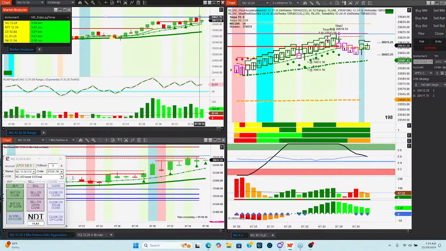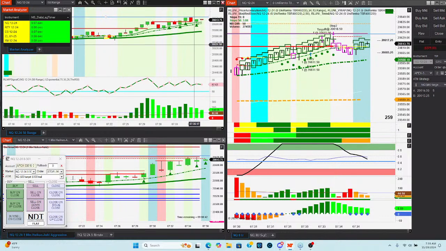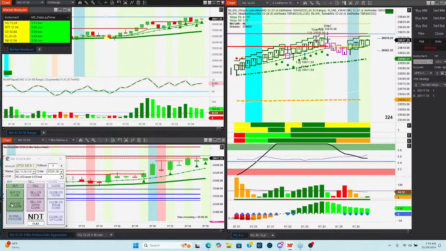I've got to take this red out. I'm still in bias. Let's get outside that pivot. Let's see if we can get back to profit.